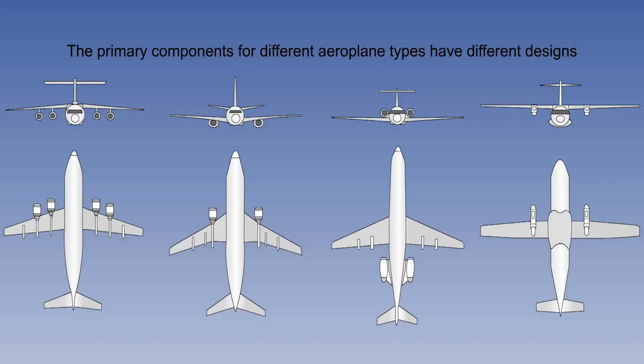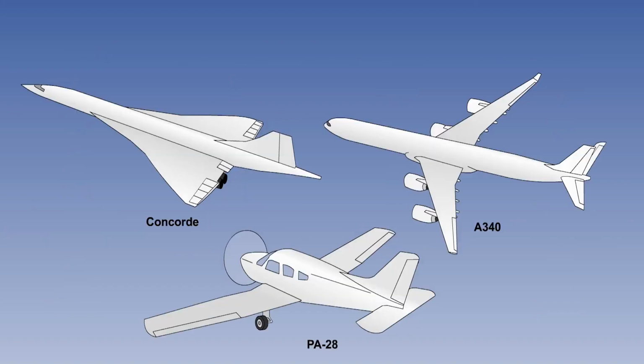Notice how the fuselage, tail surfaces, controls and engine type and placement differs between the aeroplanes shown on the screen. These 3 aeroplanes, the now retired Concorde, the A340 and the PA-28, all have very different designs.